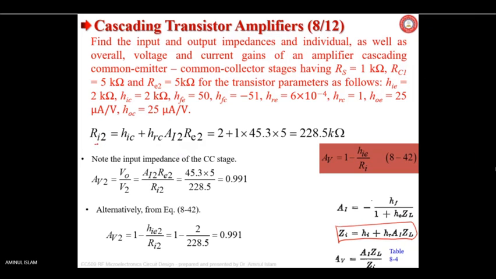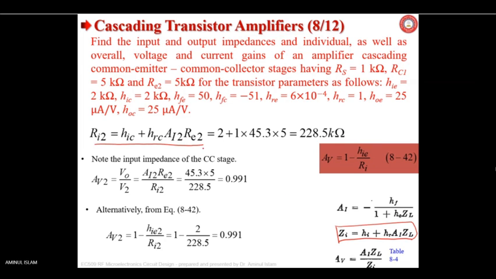Is it going correctly? Just see whether it is written correctly. Hi2, because we are writing for Q2, and HI was for general purpose, applicable for all three configurations. So HIC plus HR, now C is added because it is the common collector configuration, into the current gain of Q2, AI2, and RE2, that is ZL, the load resistance.